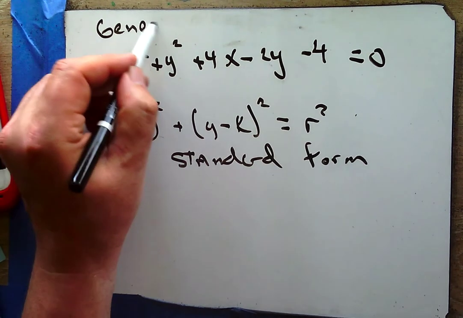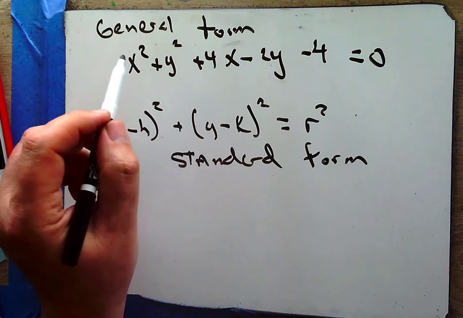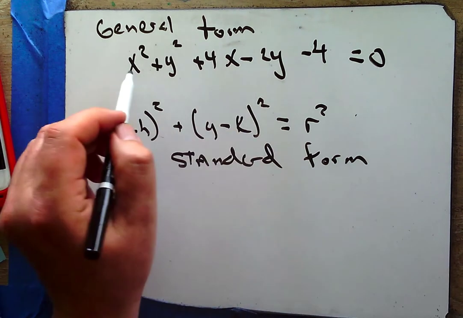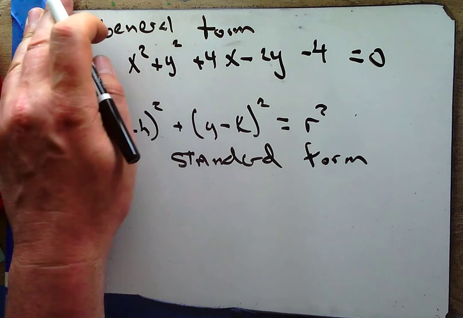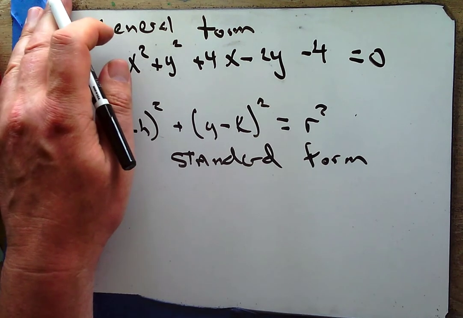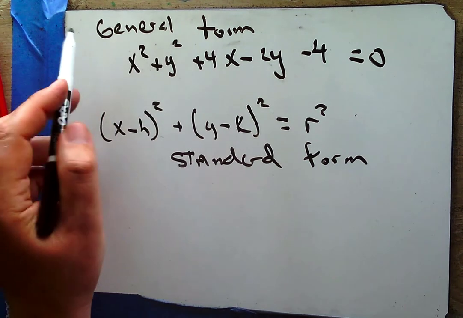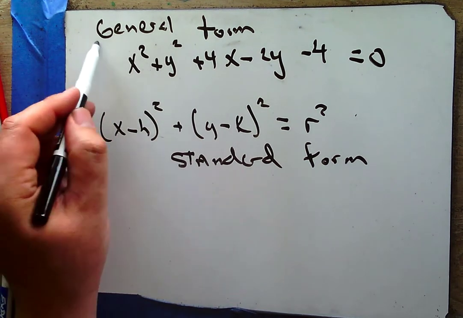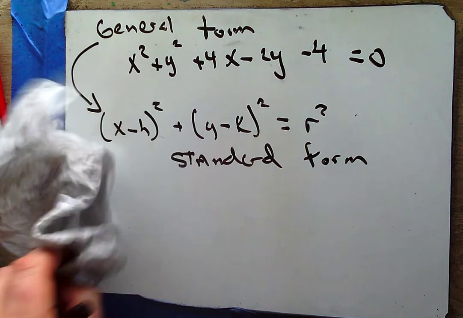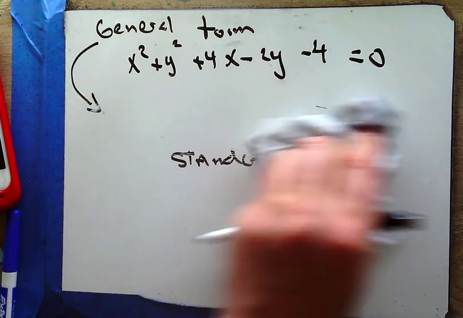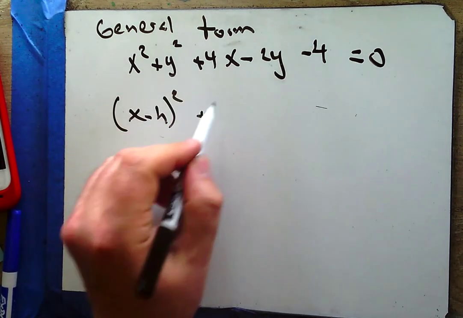This is written in general form. And I have no idea how to graph in general form. No, I know you don't have an idea, but I also don't have an idea on how to graph in general form. Except I know a way of turning general form into standard form, and from standard form I can graph. And so, did you notice what we have here?